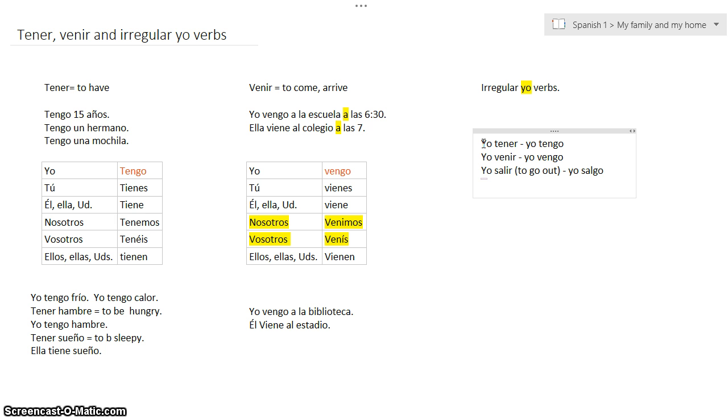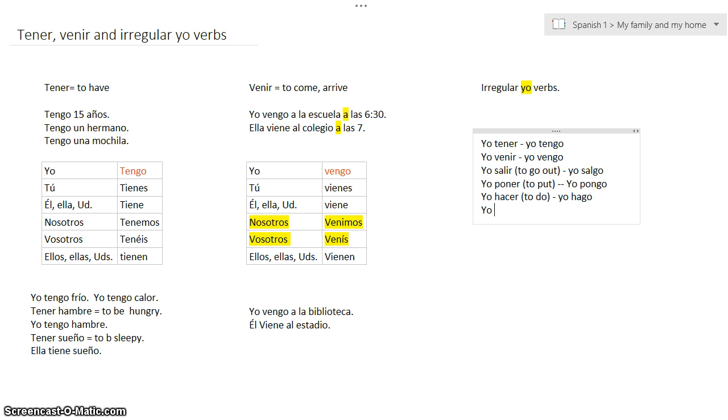Okay, you see a pattern there. Yo poner, which means to put. So follow that same pattern. If it's yo tengo, yo vengo, yo salgo, yo pongo. Yo hacer, hacer means to do. Yo tengo, yo vengo, yo salgo, yo pongo, yo hago.